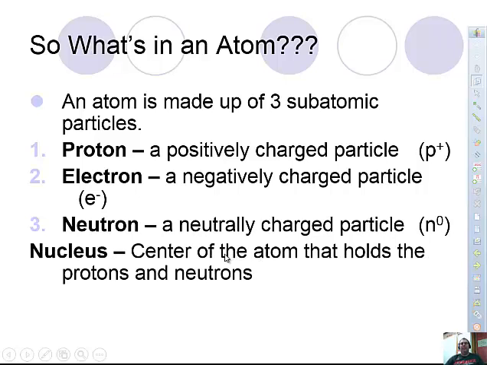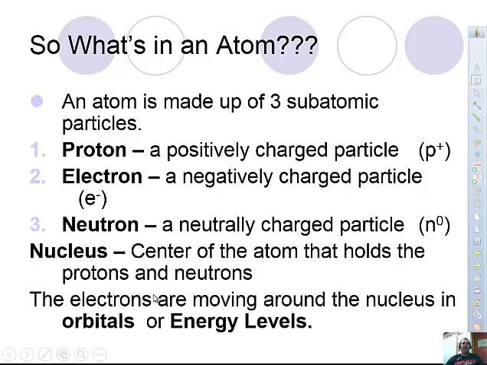The nucleus is the center of the atom that holds the protons and the neutrons. This is where all of your mass is. Electrons do weigh something, but technically not very much. It's your protons and neutrons that are the massive ones. The electrons are moving on the outside, around the nucleus, in the area we called orbitals or energy levels.